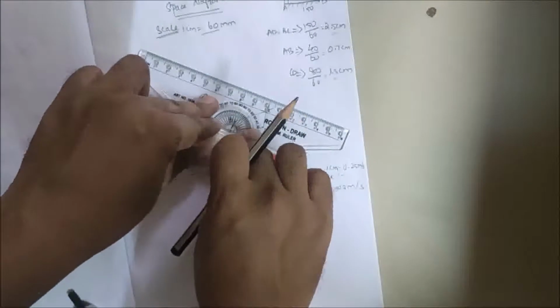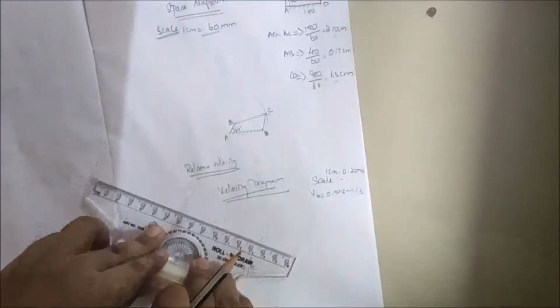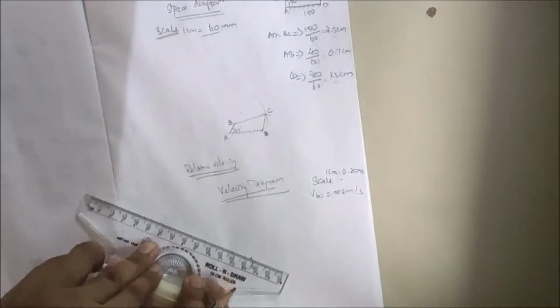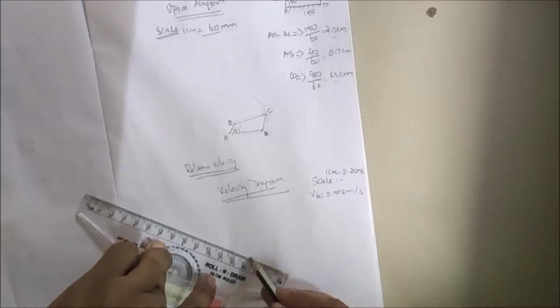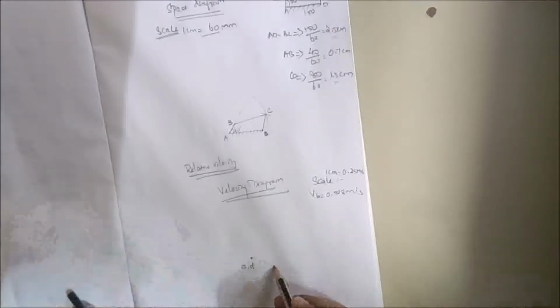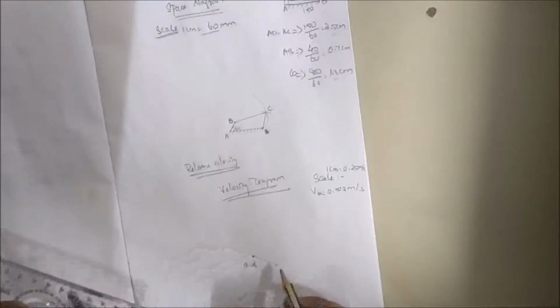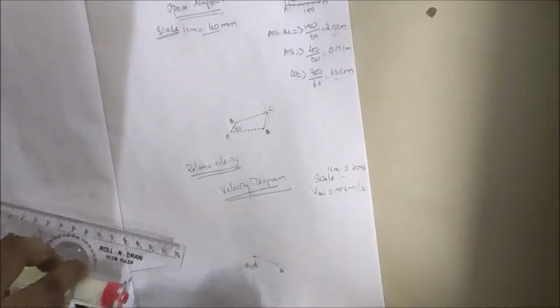Keep it here and drag it. From here draw 2 centimeters. This value is going to be B.